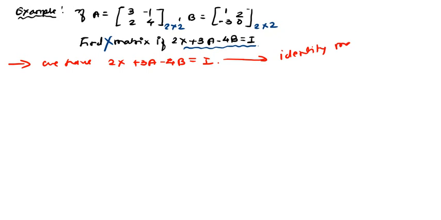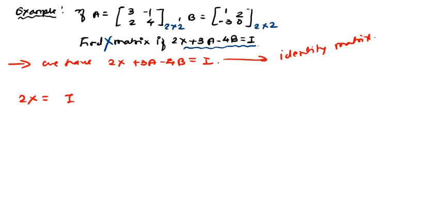The matrix is said to be an identity matrix if it is a diagonal matrix and all the diagonal elements are equal to 1. Okay, so we need this 2x, so we will keep it on the LHS of the equation, and the remaining terms will go to the RHS of the equation.